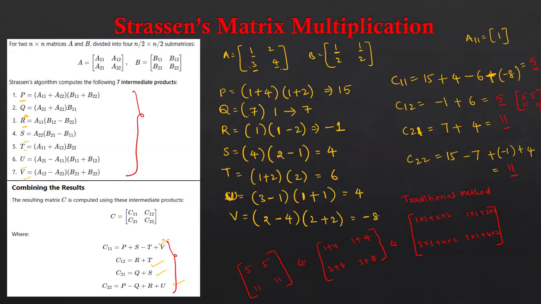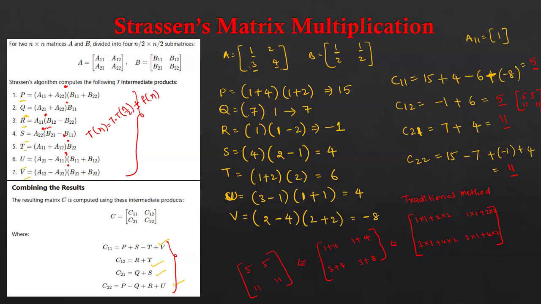So let us know how much time this requires. If I observe here, how many multiplications were performed at this place? Here one multiplication, this is the second, this is the third, here the fourth, this fifth, six, seven multiplications. So how much time is this taking? T of n equals 7 into T of n by 2 plus f of n.